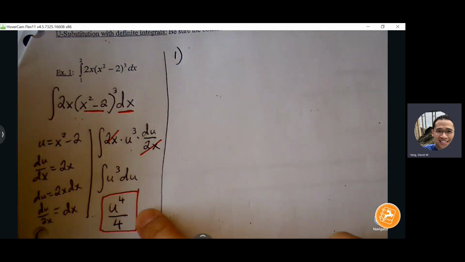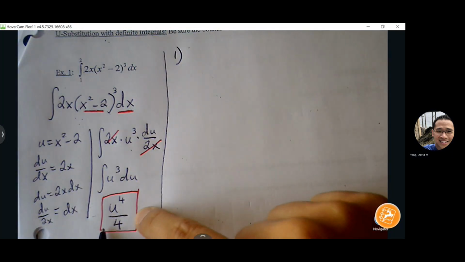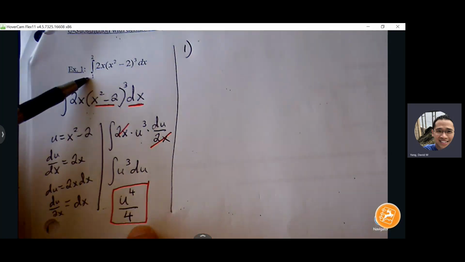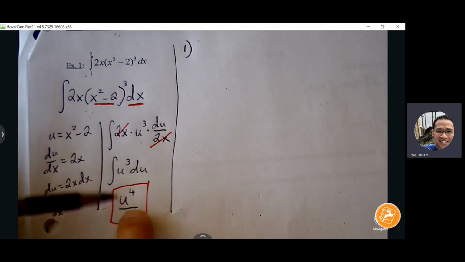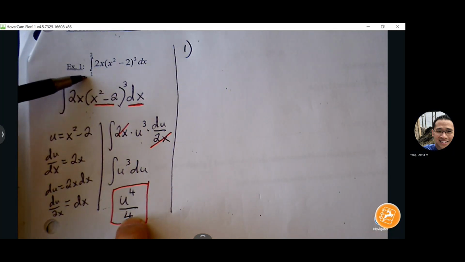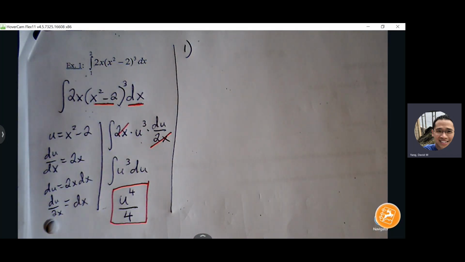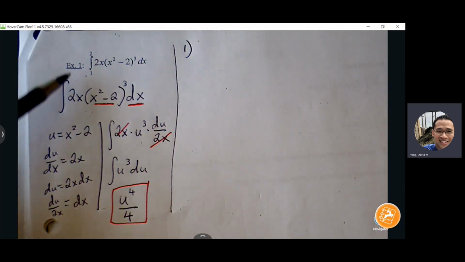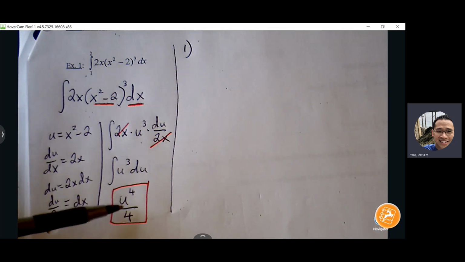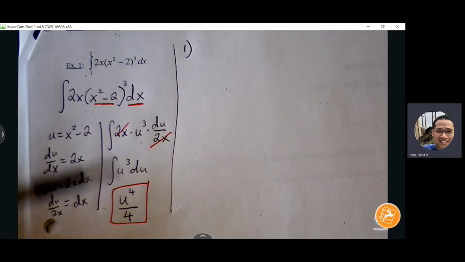Okay, but I want to show you here. So we want to involve the bounds, but can we involve the 1 and 2 as it stands with this U variable? Okay. This is in terms of U, but these bounds are still in terms of what? x. So we have to get matching variables, right? So this is where the two options come in. Either you get these two matching in terms of U, or you get both of these matching in terms of x.